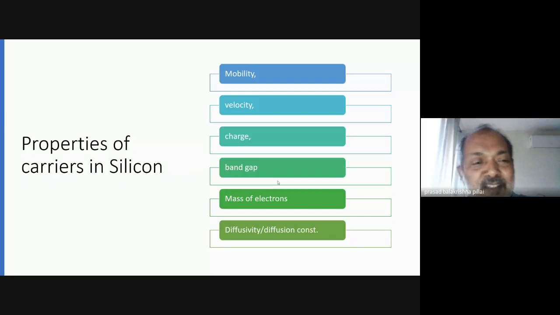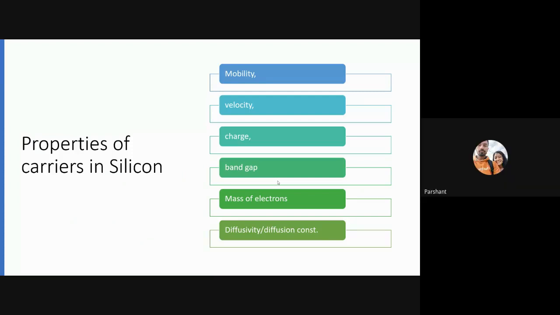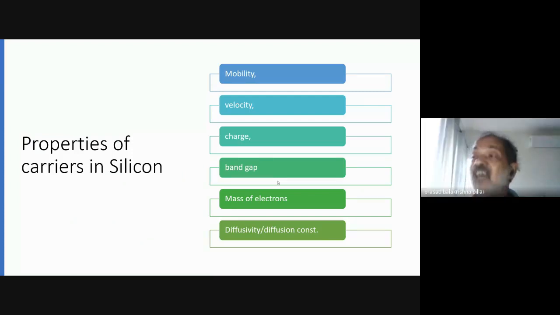Then why do we spend time on the mass of electrons here? Because there is an effective mass which is considered. Actually there is a problem. Electrons are not moving in vacuum. Electrons are moving in a medium, inside the material. We have seen that there is a periodic potential. There are other things also influencing the movement of the electrons.